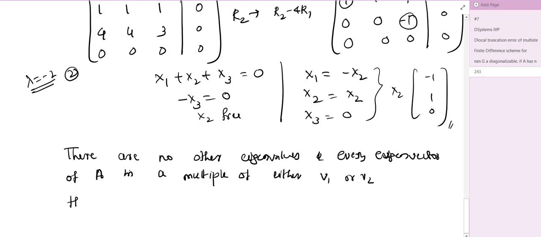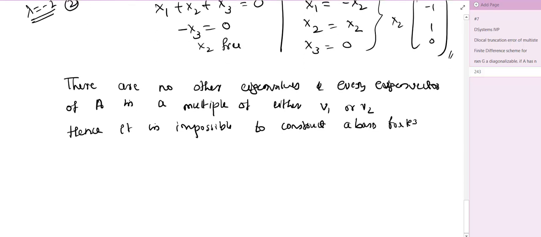So hence it is impossible to construct a basis for R3 because we have 3 rows.